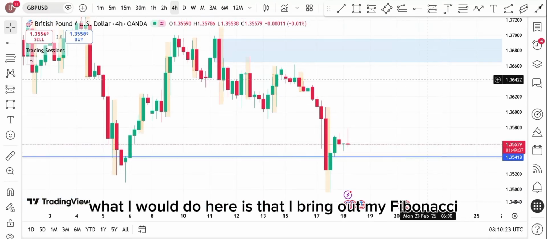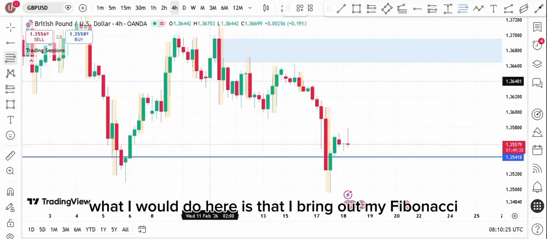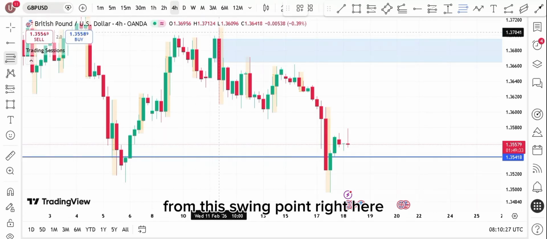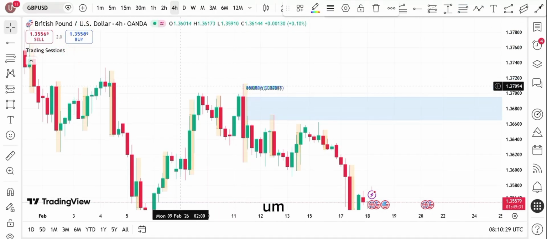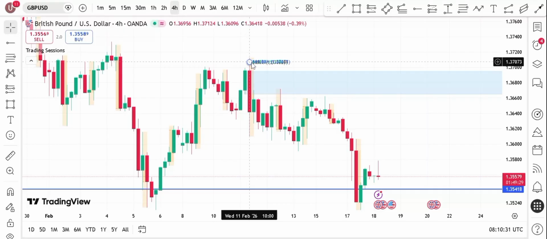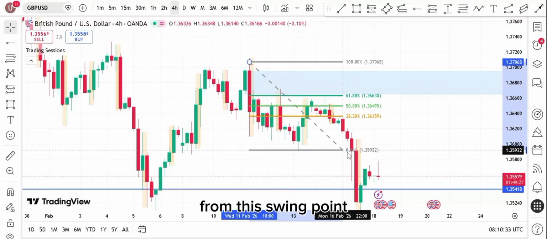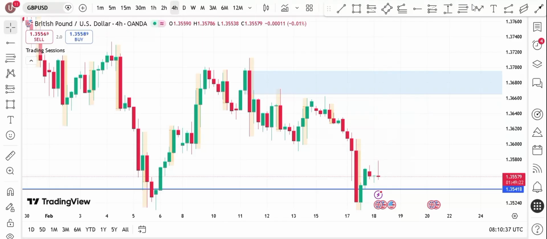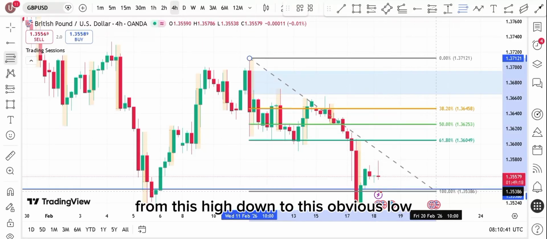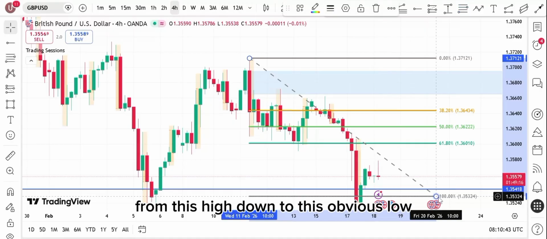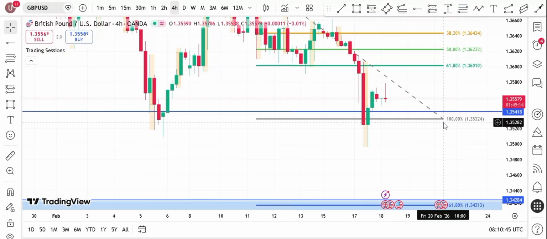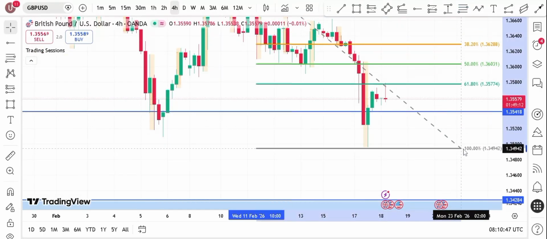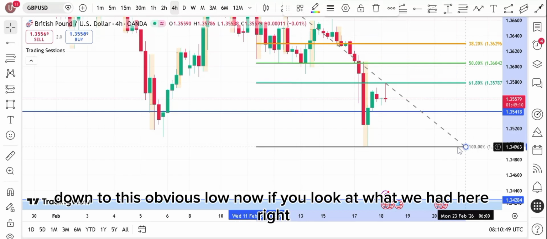Now, what I would do here is bring out my Fibonacci from this swing point right here, from this high down to this obvious low.